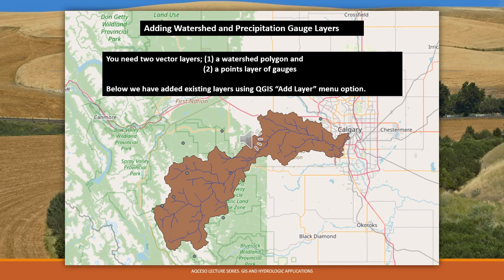And then here below we've shown how the map looks once it's been loaded. We've added a third layer of streams just for the sake of showing the pattern of drainage within the watershed. Otherwise, this layer is not necessarily needed for this analysis.